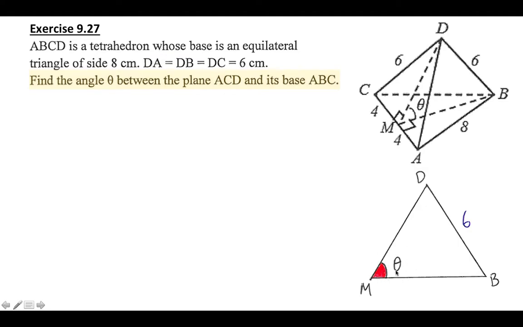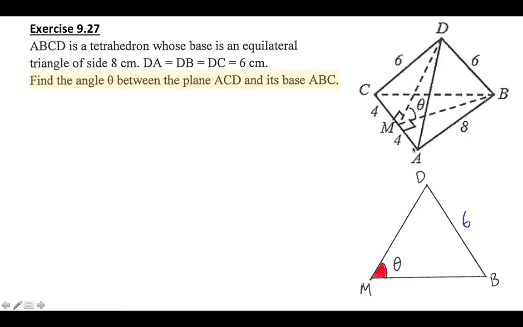For this triangle, we only have the length DB to be 6 cm. Next, we are going to look at various ways to find all these unknown lengths. Once I can find the length MD and also the length MB, I will be able to apply cosine rule to find this unknown angle theta.